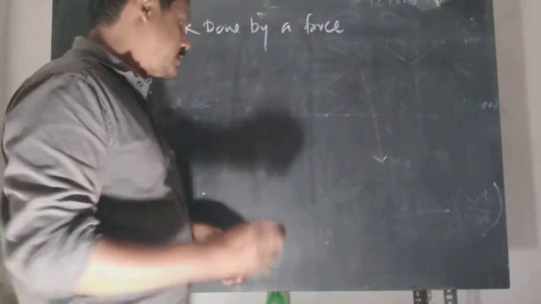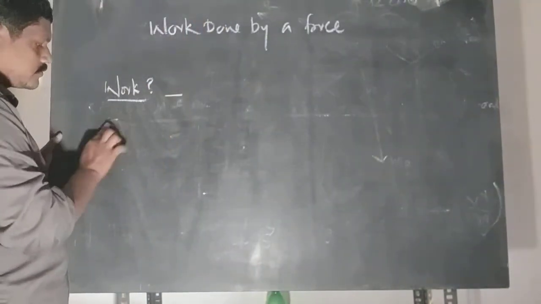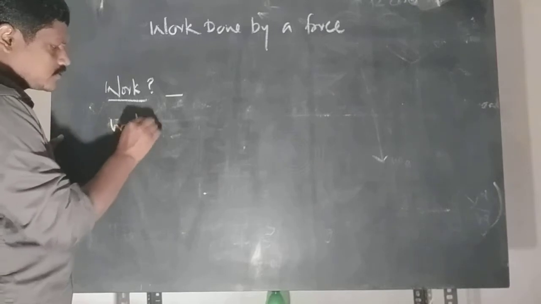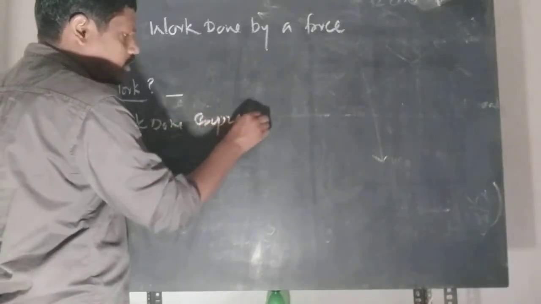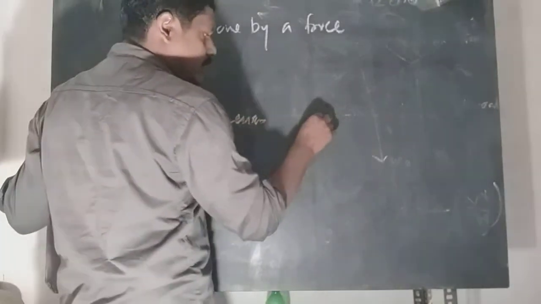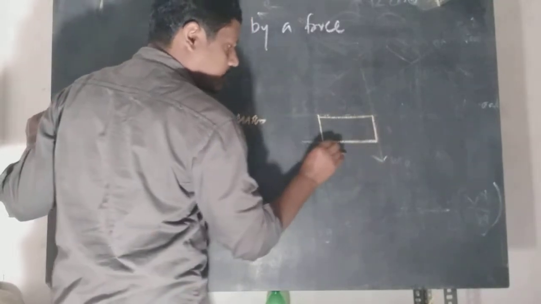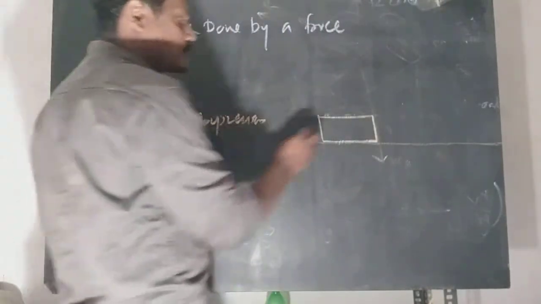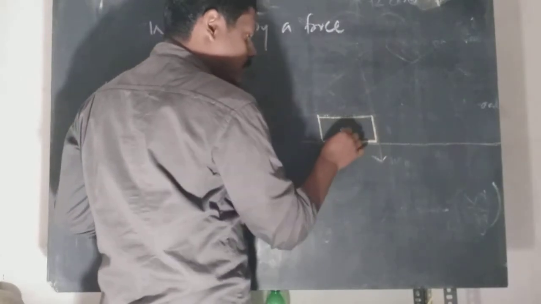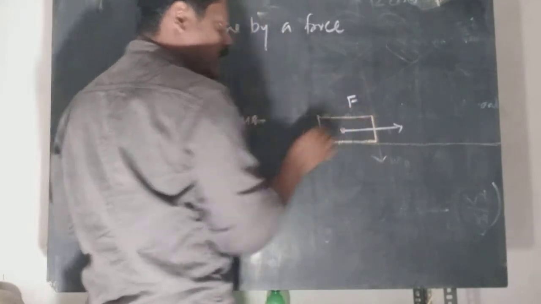See, let us consider the expression for work done. See, this is the object. It is there on a horizontal surface, and here a force F is applied.